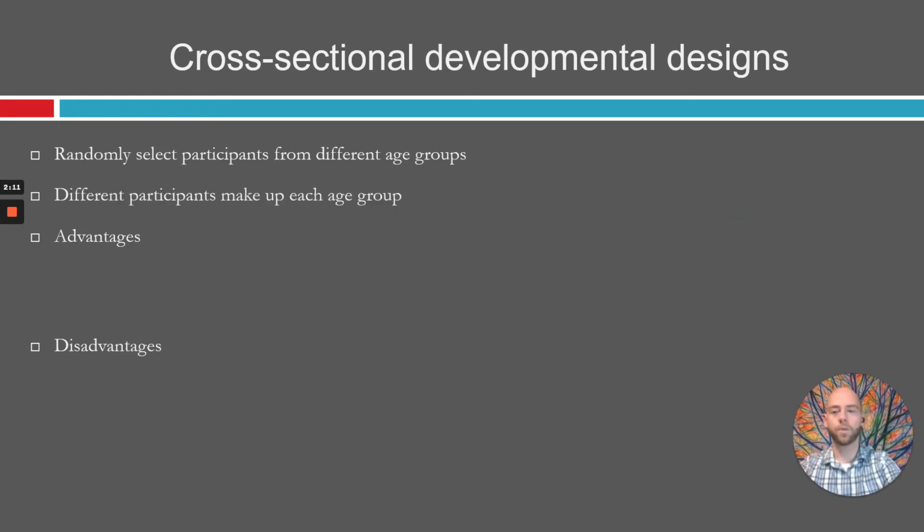So ideally, you are randomly selecting people from a population, from different age segments of the population. So you're going to have different participants in each age group.